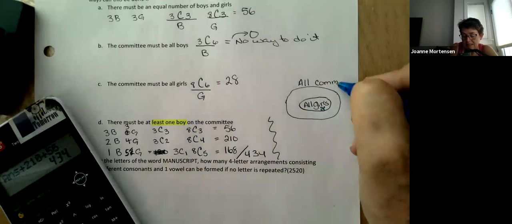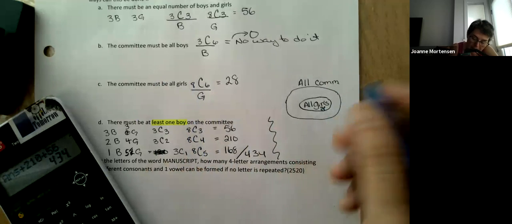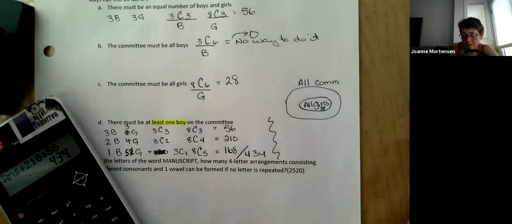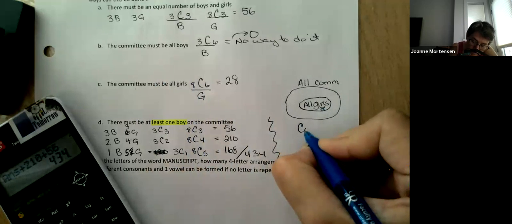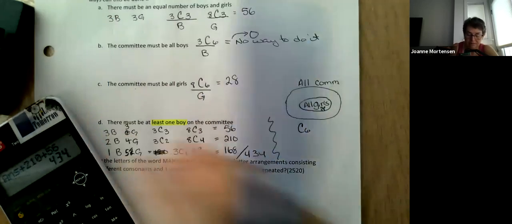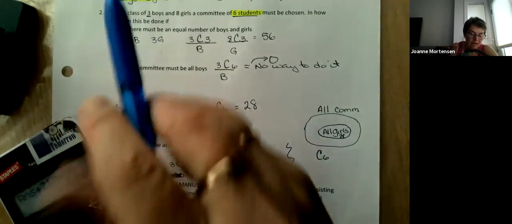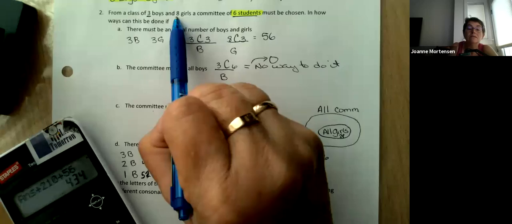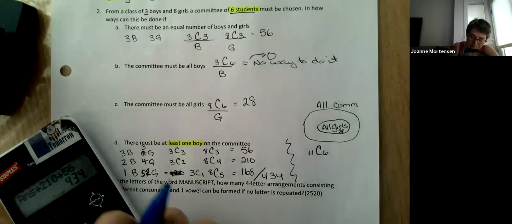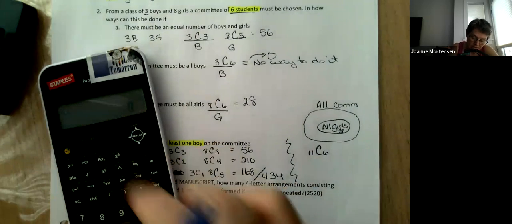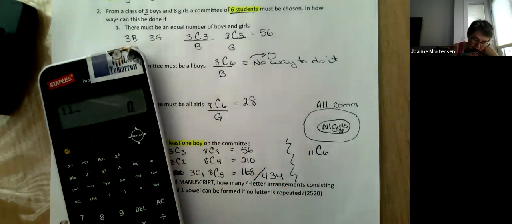If we have this, then we can subtract. So if we don't care who's on the committee, we just need 6 students. There are 3 boys and 8 girls. So 3 and 8 is 11. Boy, I hope this works. 11 choose 6.